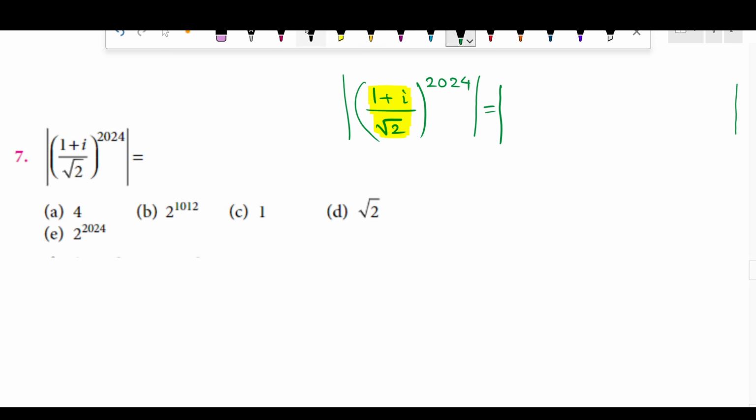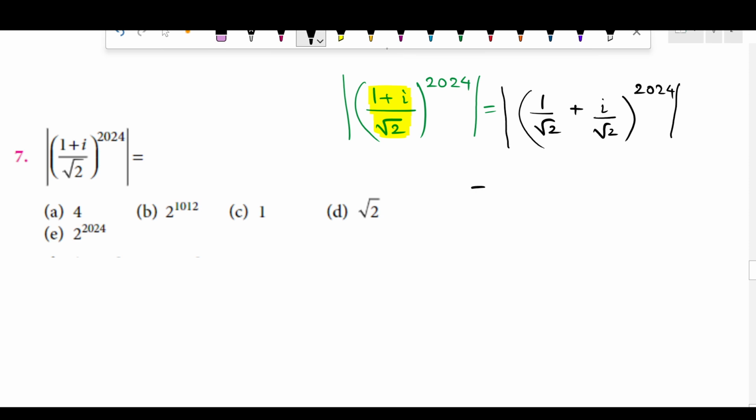See this part. This is 1 upon root 2 plus i upon root 2 whole to the power 2024. This is the mod, right? This is further equal to cos pi by 4 plus i sin pi by 4.